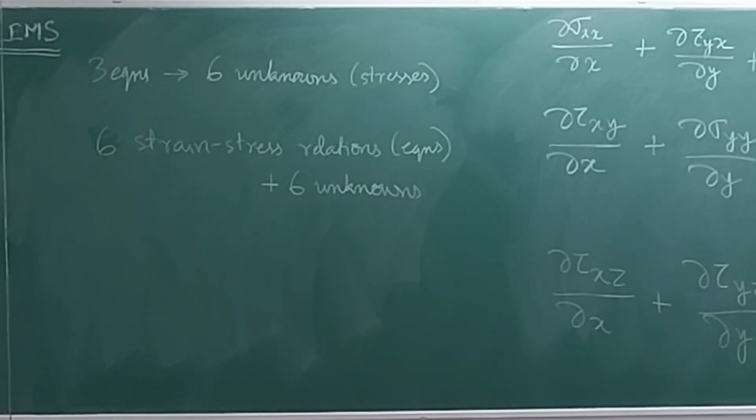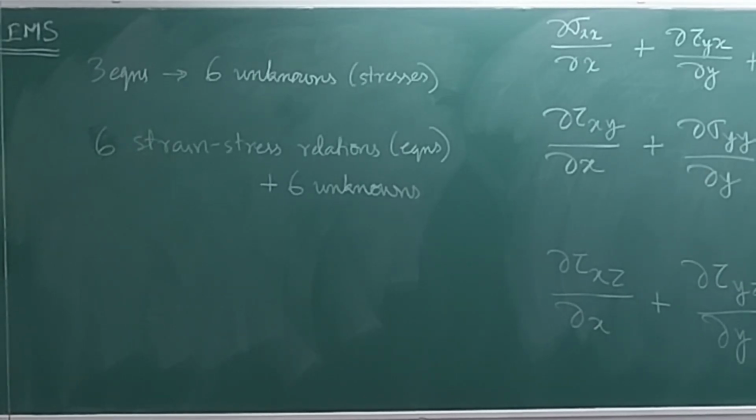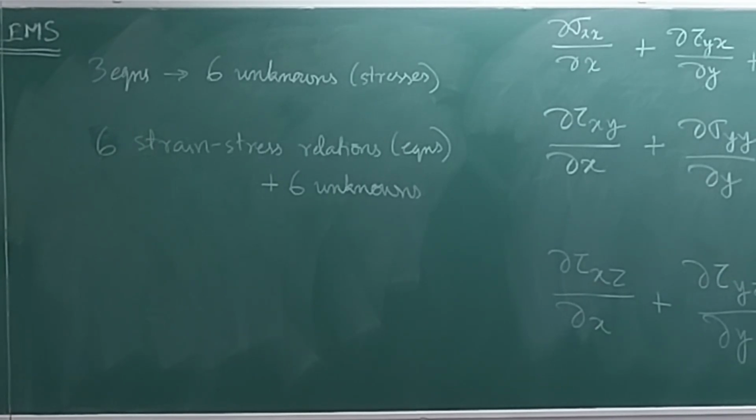Go to the strain chapter. What relations did you study there? First question of the tutorial sheet and last question of the tutorial sheet, question number 1 and question number 14, I believe. What was it on? It was the strain-displacement relations, the relations between the strains and the displacements.